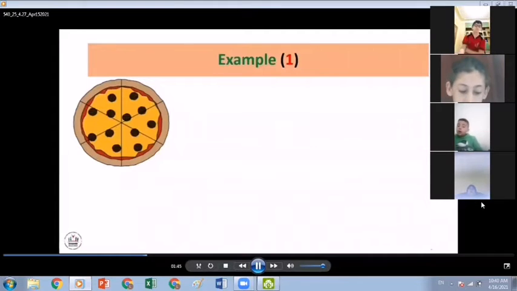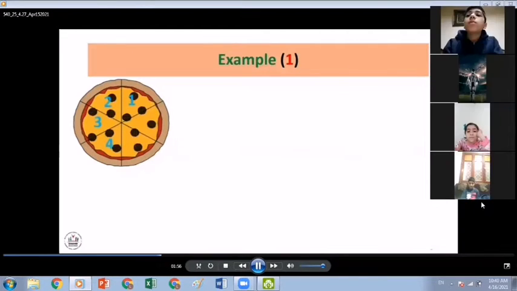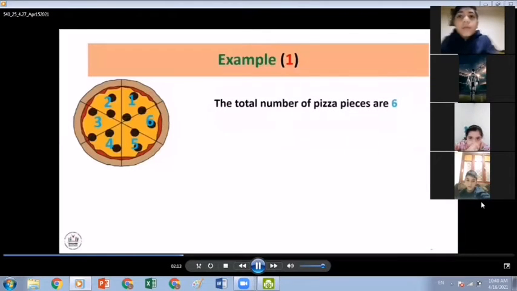It must be divided into equal parts. 1, 2, 3, 4, 5, and 6. So the total number of pizza pieces is 6. The mother divided the pizza into 6 pieces.